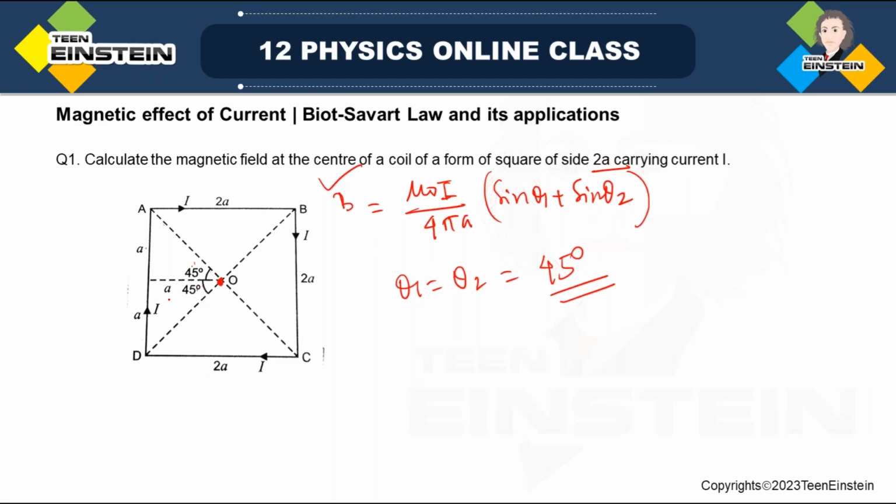Now what is this a? a is the distance. What was there? This was r there. So 2 pi a. So we will just apply here. Sin theta 1, theta 2 we have got. This is 4 pi a, a is this side actually.